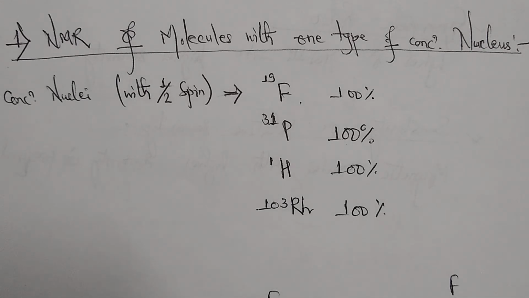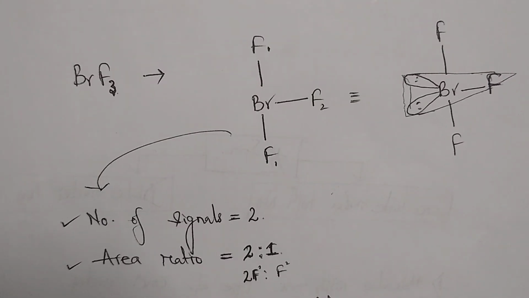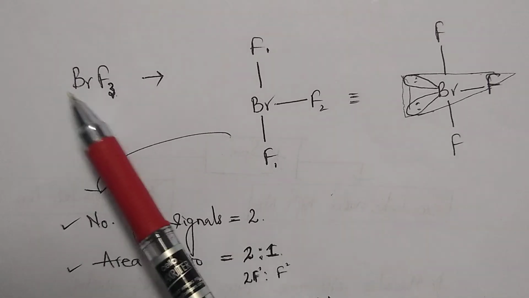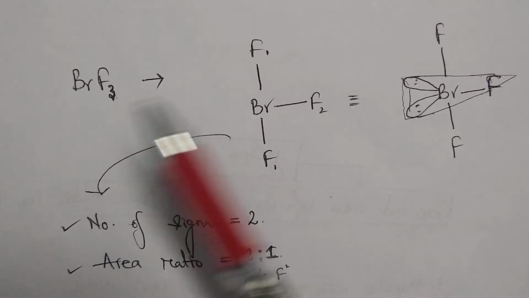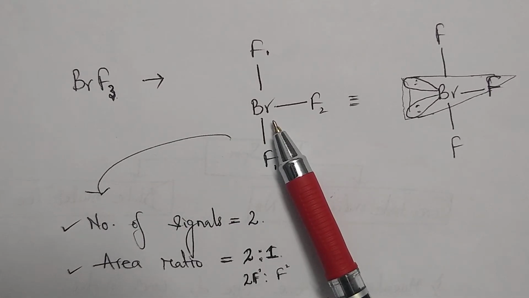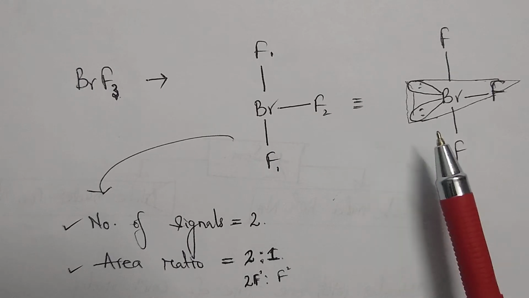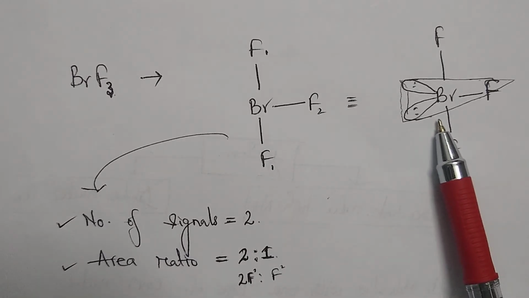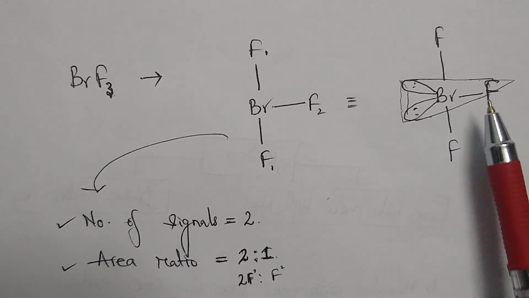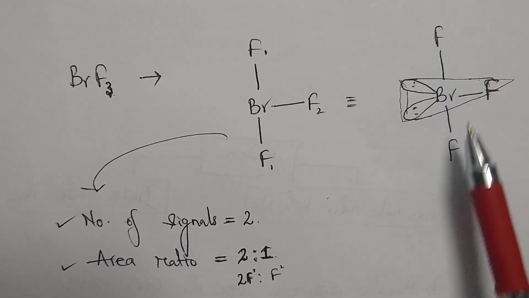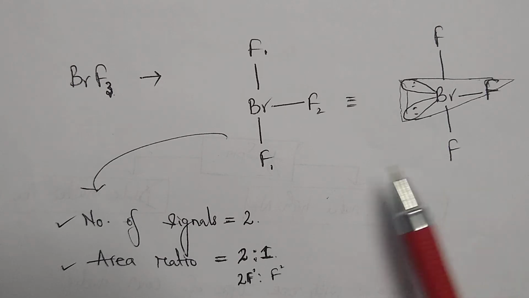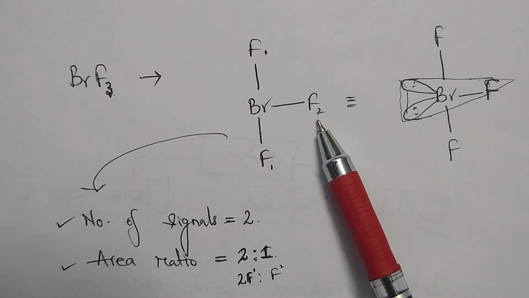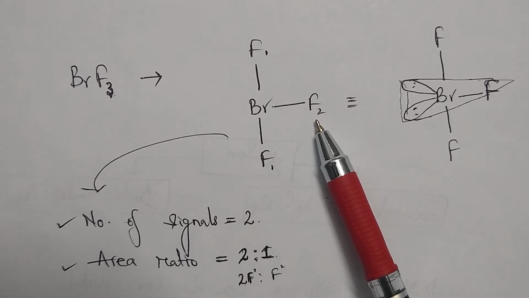So, considering one of these nuclei, we will look at examples. We have the BrF3 molecule, which has a T shape. Considering the bonding structure framed by Bent's rule, we have one equatorial fluorine and two axial fluorines. If we consider the two axial fluorines as the first kind, then the equatorial fluorine will be of the second kind.